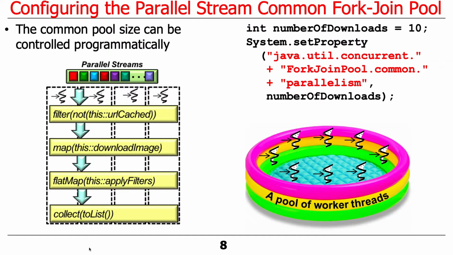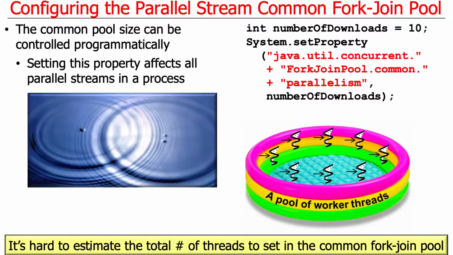So if you know you've got 10 images at a time to download, and you're not worried about any other side effects, one thing you can do is just set that value to be the right value. The problem here is that setting that property affects all parallel streams that are available in a given process, or that are capable of running in a given process.